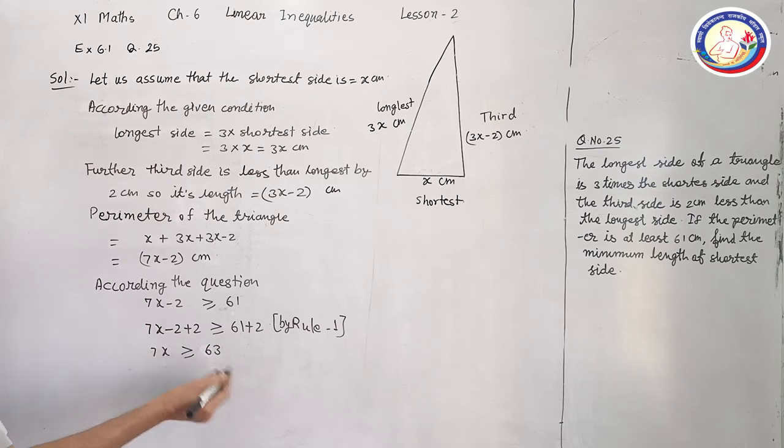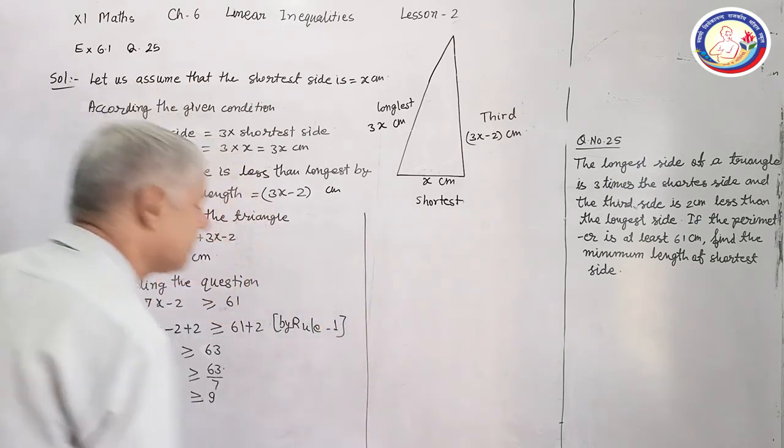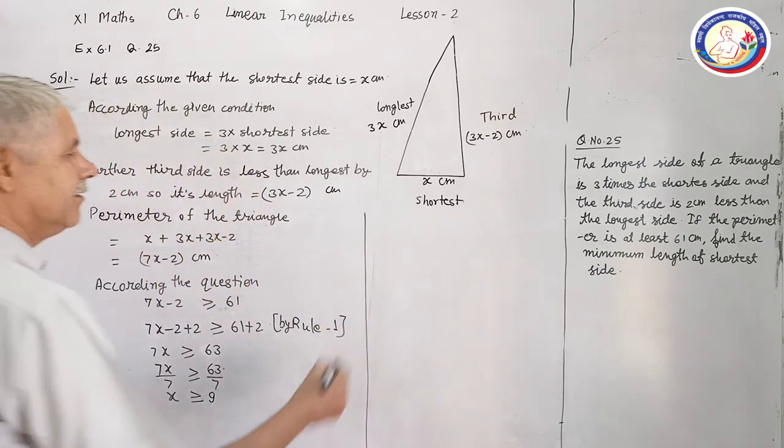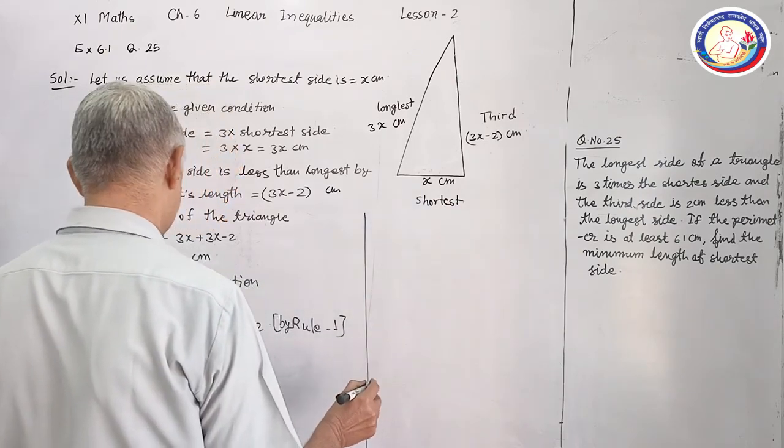Use rule 2. Divide both sides by 7. x is greater than or equal to 9. So the shortest side x is greater than or equal to 9.